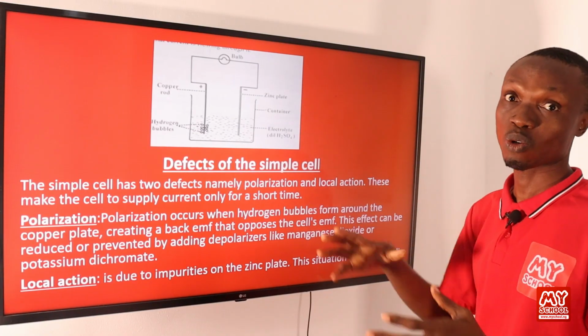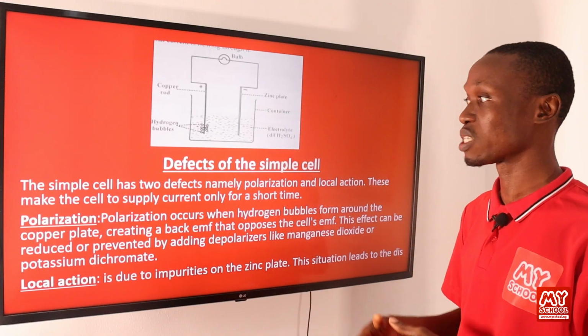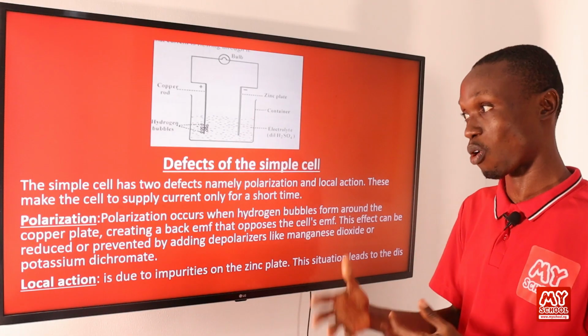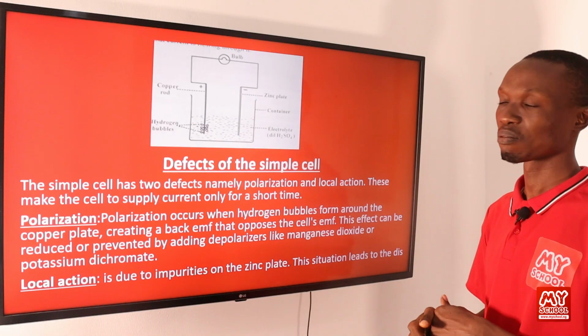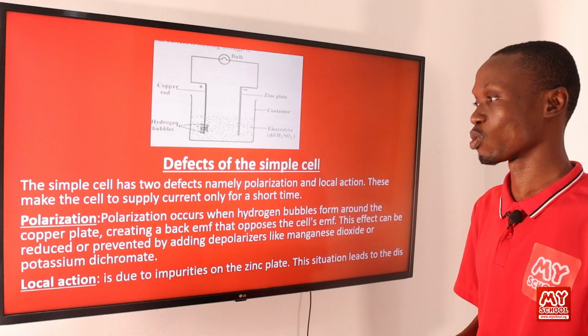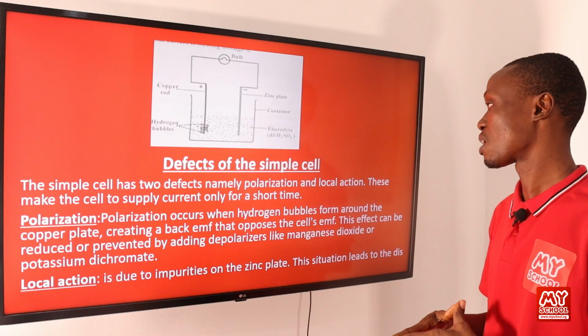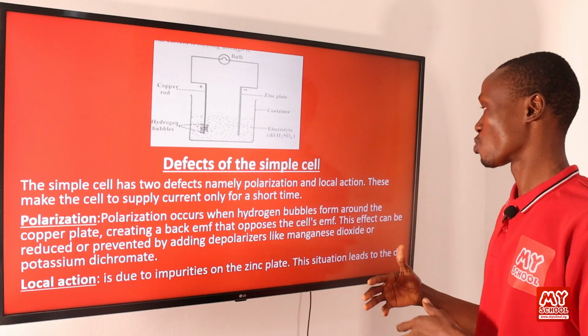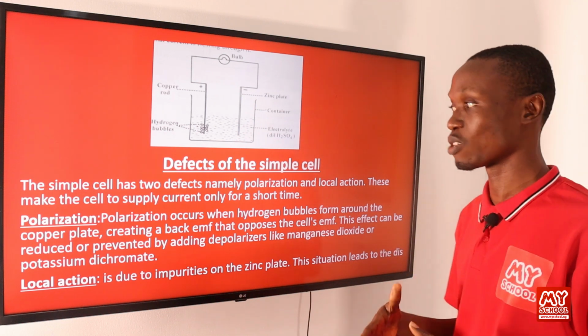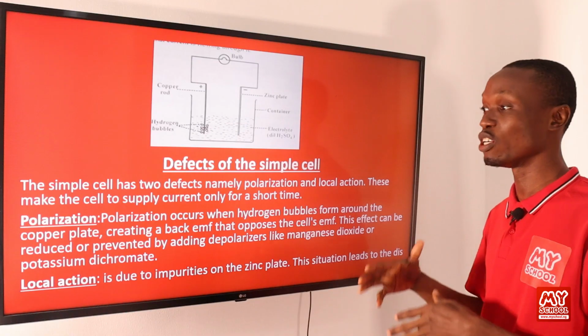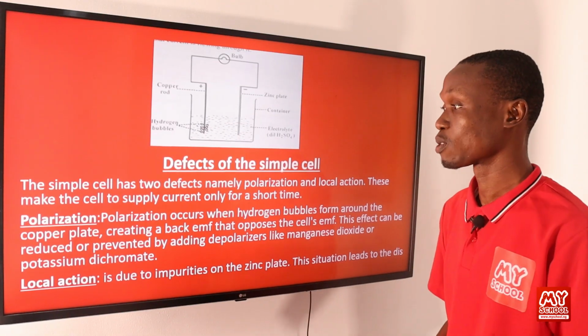So this simple cell also has some defects, which actually affect the amount of current it supplies and the time it supplies it. So the simple cell has two defects, namely polarization and local action. These defects make the cell supply current only for a short time. So what is polarization?